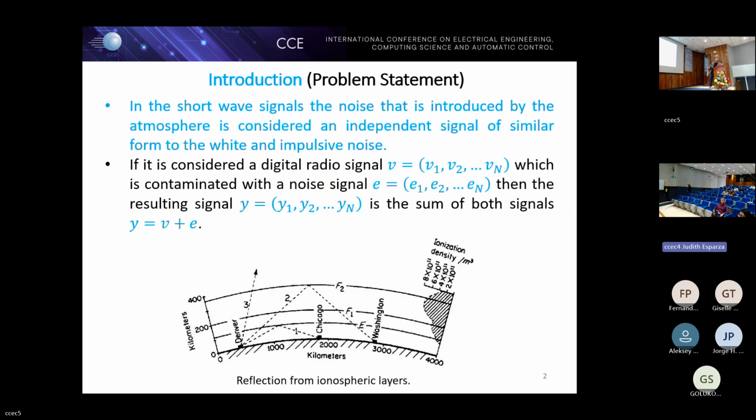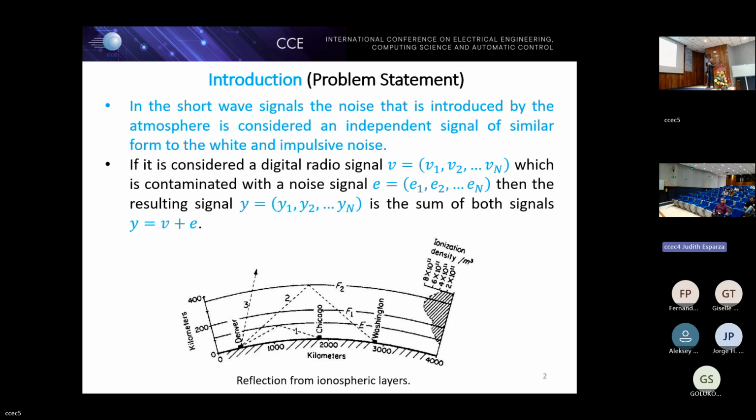What is the problem statement about this topic? In shortwave signals, the noise introduced by the atmosphere is considered an independent signal similar to wild and impulsive noise. This is interesting because if you have a radio system, when the signal arrives at the atmosphere, noise is introduced.